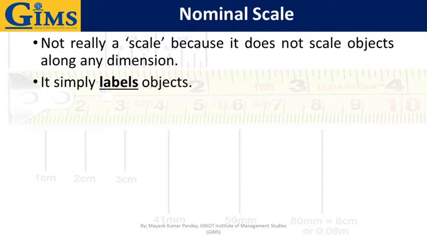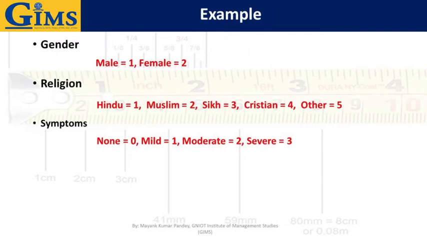It simply labels the object, right? And how it labels the object is again very important. All right, here are some examples.